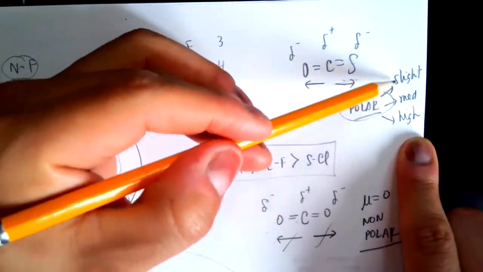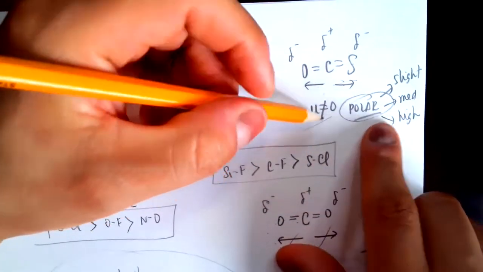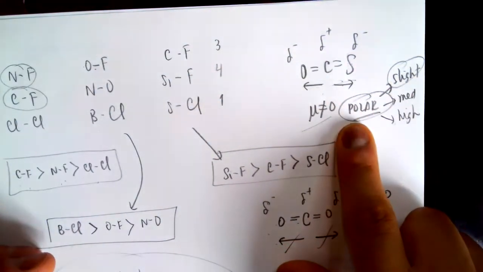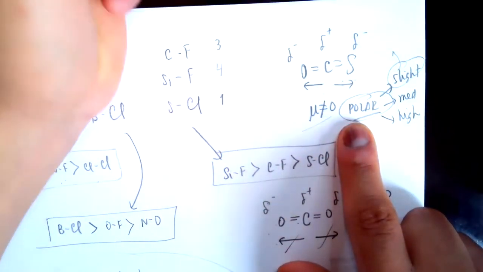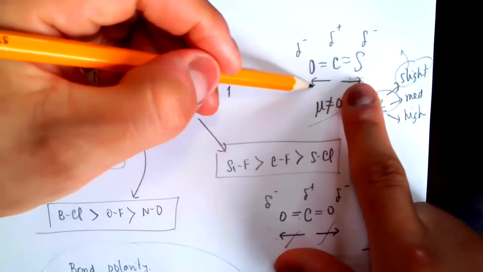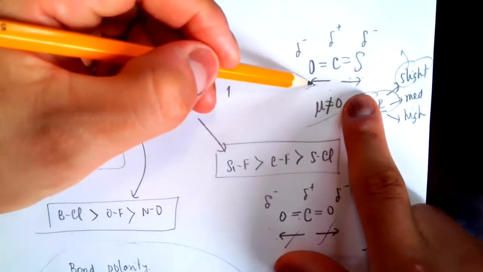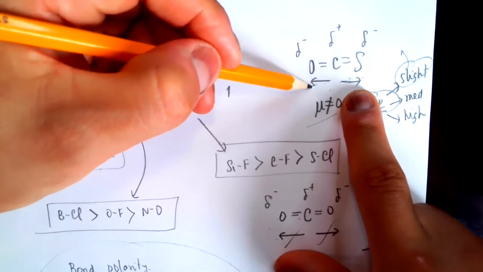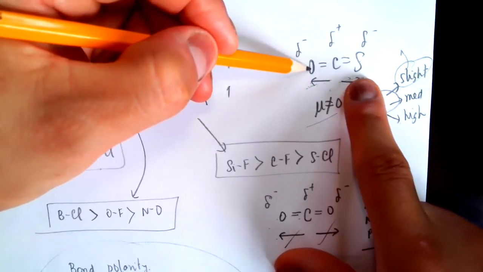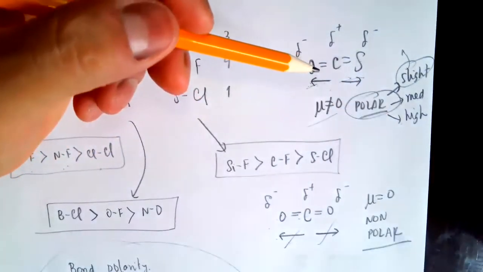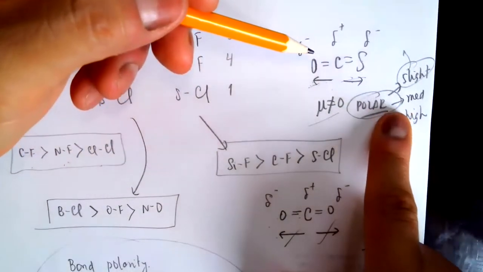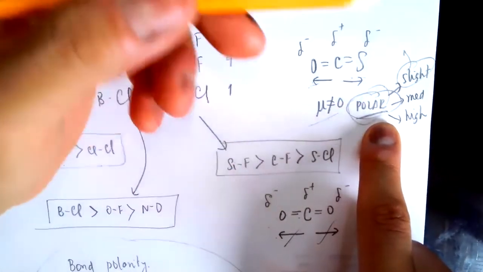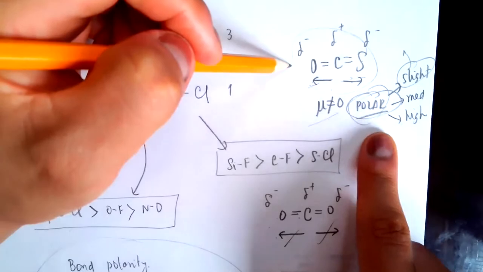What will be the ranking for this one? Here we will have a very small polarity, more towards the non-polar side. Why? Because the polarities are very similar, even though they don't cancel out. Numerically speaking, the value is very close because it's oxygen and sulfur, very similar elements based on electronegativity. So it sits more on the non-polar side, but it is polar. There is a small polarity in this particular compound, okay?